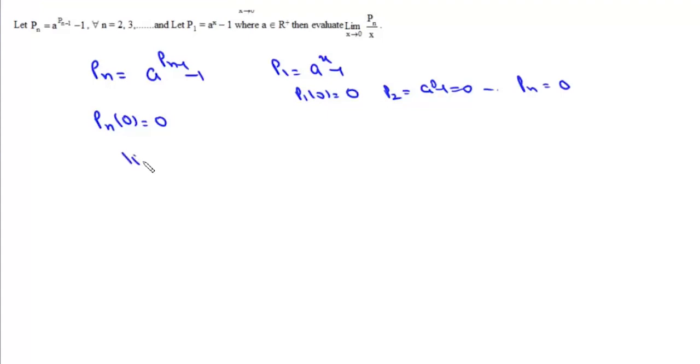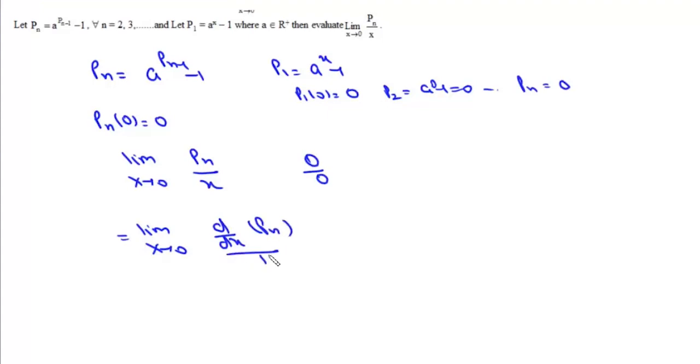So you have to find this limit, x tends to 0, Pn upon x, which will be 0 upon 0 form. And if it is 0 upon 0 form, we can use L'Hopital's rule. So it will be equal to d by dx of Pn upon 1. Now we differentiate Pn, it will be this limit x tends to 0.